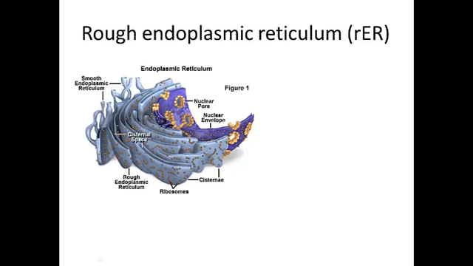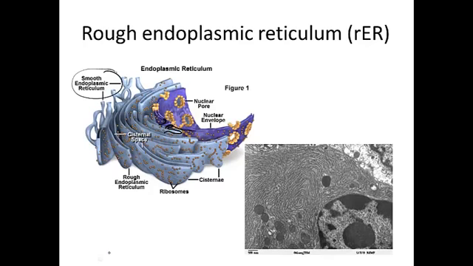The membrane of the nucleus is continuous with the membrane of the ER. And if it's studded with ribosomes, it's involved in protein production, and it's called rough ER. And then over here you have ER that doesn't have ribosomes on it, and that's called smooth ER. And that is for lipid production, which we'll see in a minute.